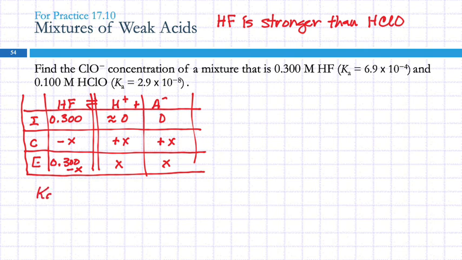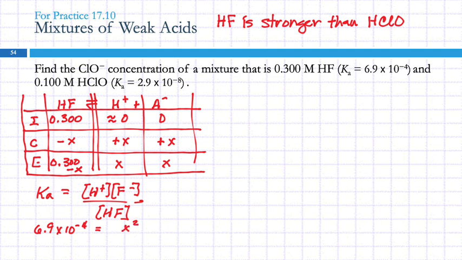So Ka is H plus times F minus divided by HF. Our Ka here is 6.9 times 10 to the minus 4. That's going to equal X squared divided by 0.3 minus X. You can use your solver.